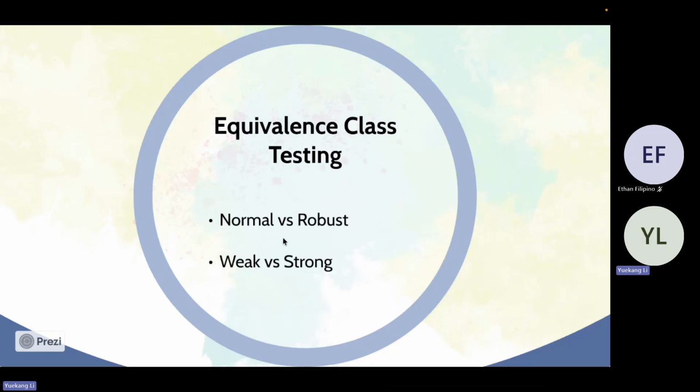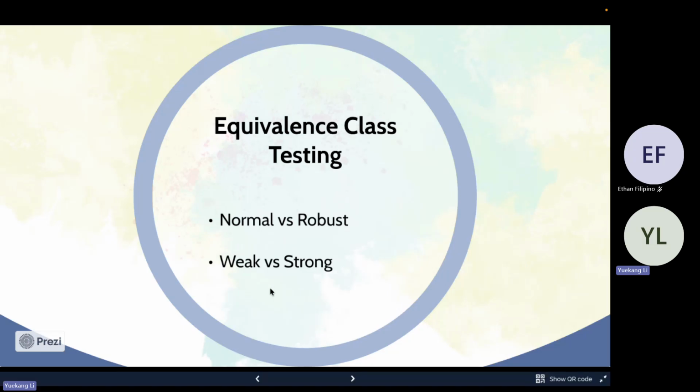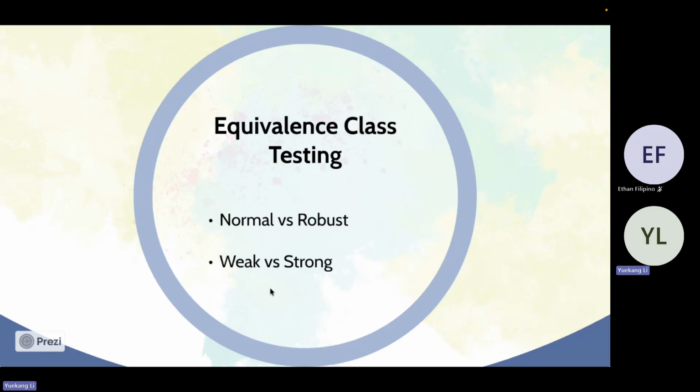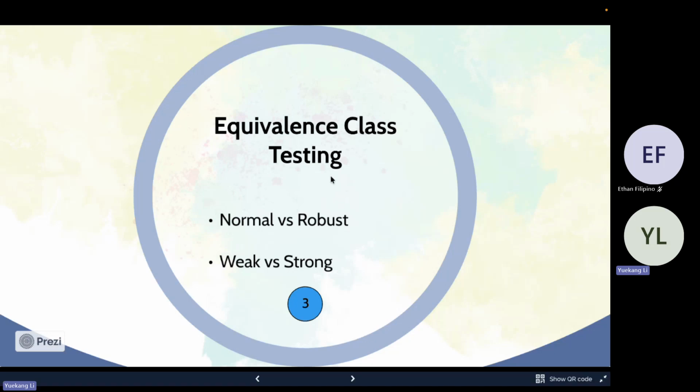And we also have weak and strong, which means whether we want permutations or combinations of different equivalence classes. And for equivalence class testing, you are also required to be able to use it, to solve problems and design test cases.